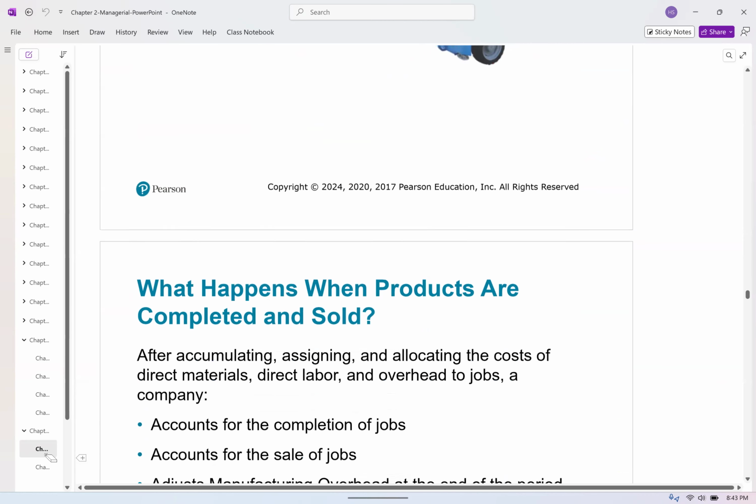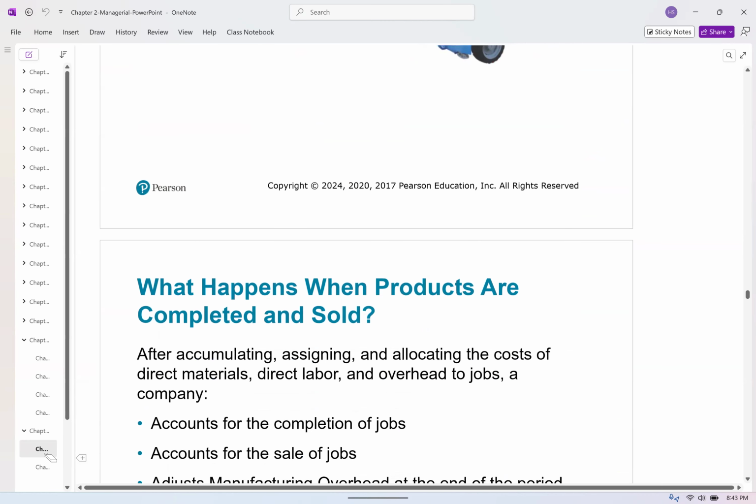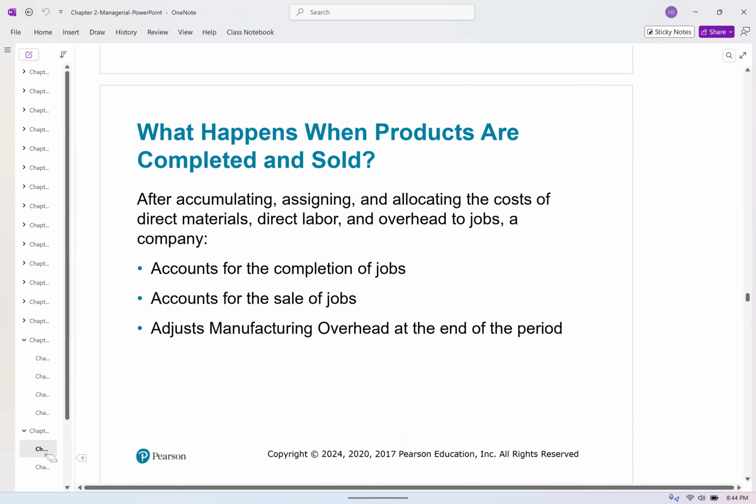And so we've been accumulating cost into all these different jobs, and now they're complete, and they are going to transfer out of work in process into finished goods, and then eventually they'll be sold. Okay. All right.